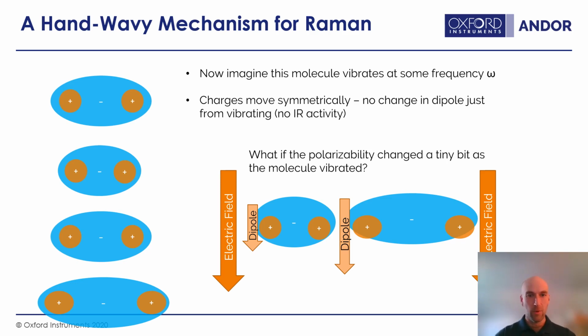Well, we could imagine, hand-wavily again, that here the electrons are squished right up against the nuclei. Here there's a more diffuse zone in the middle, so it might be a bit easier to pull this apart. So if we were to apply an electric field in this direction, we might form a little bit more of a dipole at this moment than at this moment. Okay, maybe you'll go along with that ride for me, just for the purposes of argument.